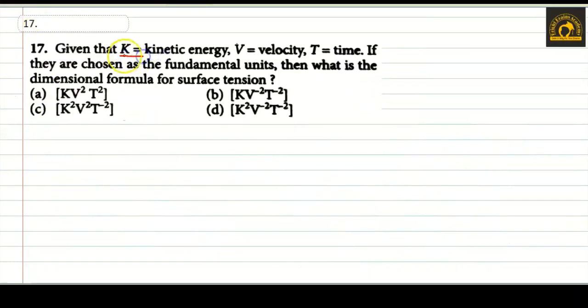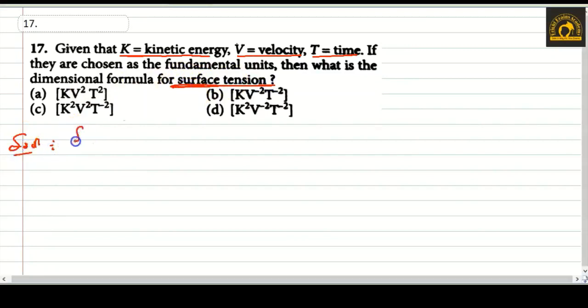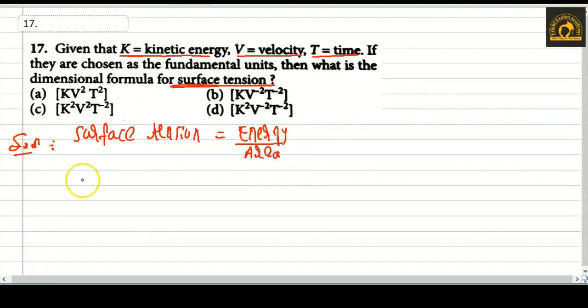K is the kinetic energy, V is the velocity, T is the time. If they are chosen as the fundamental units, then find the dimensional formula for surface tension. So what is the surface tension? We know that surface tension is equal to energy divided by area. Energy means work done divided by area.